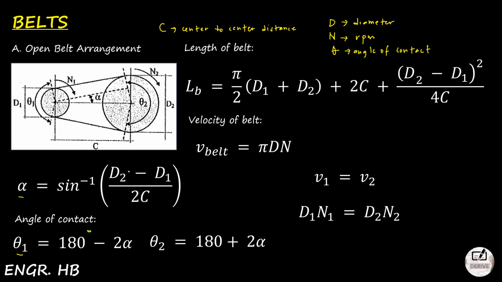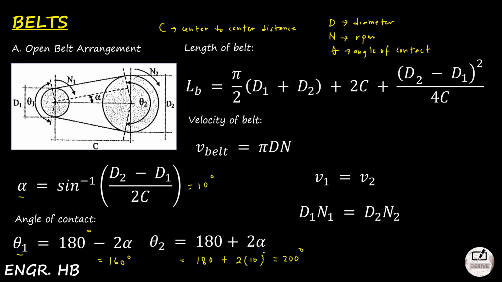So if you are going to get this alpha, kunyari 10 degrees yan, ibig sabihin ng angle of contact mo sa maliit na pulley is 180 degrees minus 2 times 10 which is 20 degrees. So that was 160 degrees. Okay? Kung tinatanong naman is angle of contact nung larger pulley, of course, that will be 180 plus 2 times 10. So that was 200 degrees.